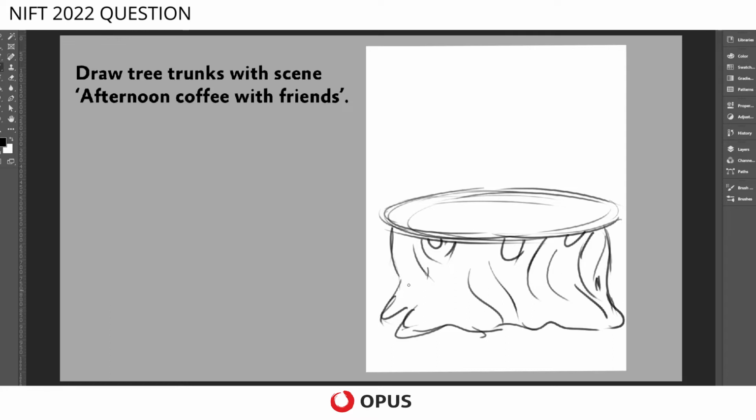All right, so in this way you can creatively think of how to use the given subjects or elements in a creative manner so that the entire scene becomes exactly what the question asked for.